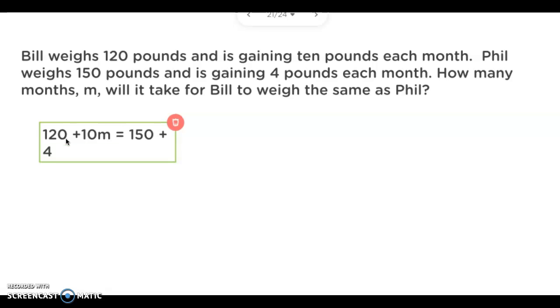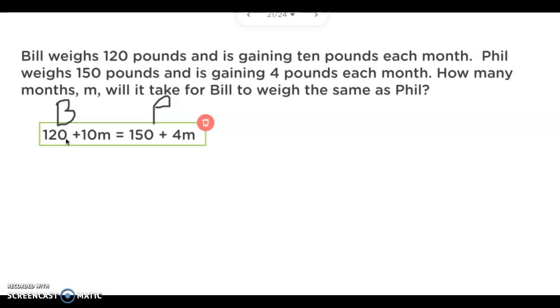Let's write this down: a P for Phil and a B for Bill.